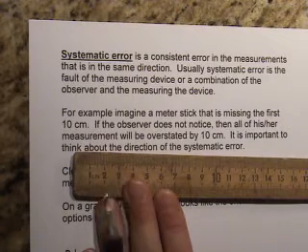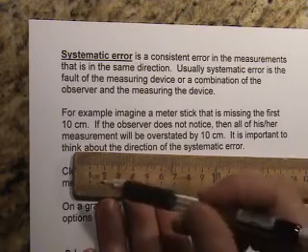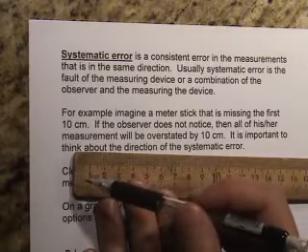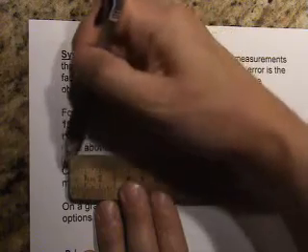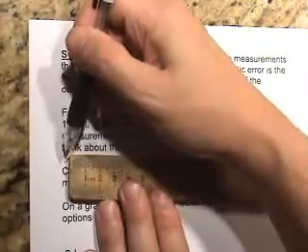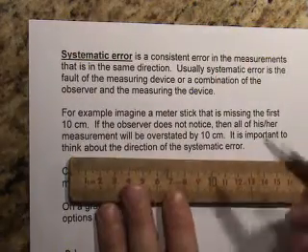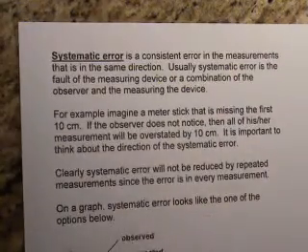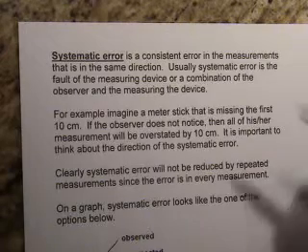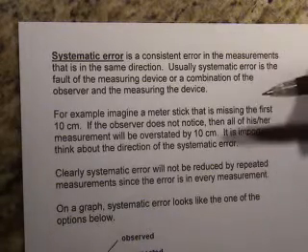Now if I don't, I consistently make my measurements from this direction, then that's going to misrepresent the length and make everything seem longer than it is, because I haven't actually lined it up with the edge of where I'm trying to measure to. So most often in the measuring device, but occasionally the observer may play a role that causes a systematic error, or may even be the only reason for the systematic error.